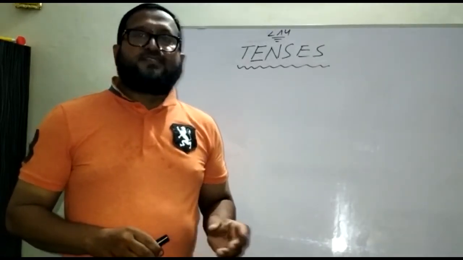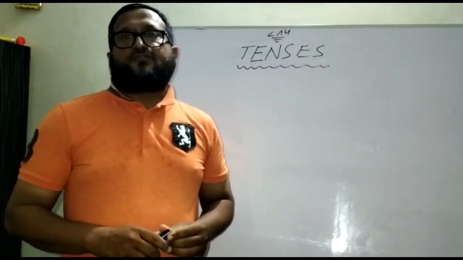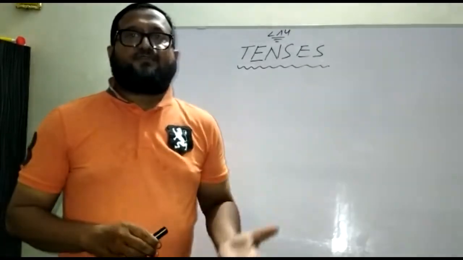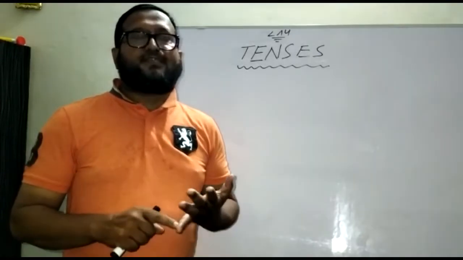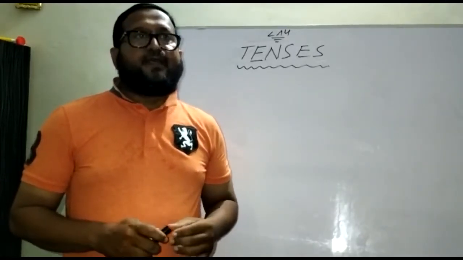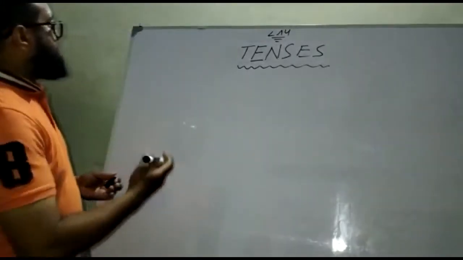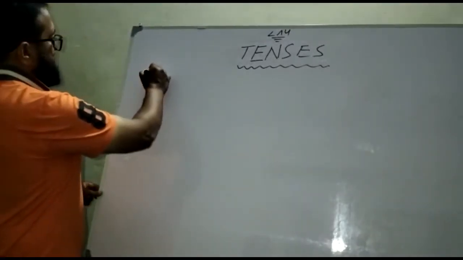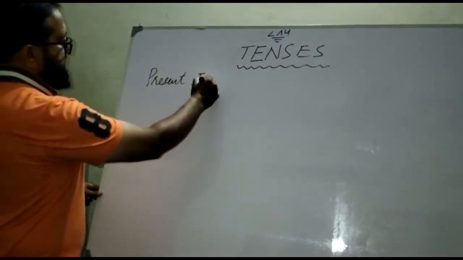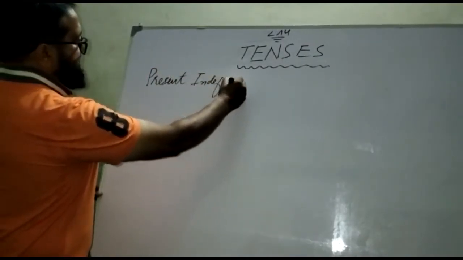So as far as the first tense is concerned, first of all we are going to discuss the present tenses. Present tense is further classified into four tenses. Present indefinite tense, that's also called present simple tense.